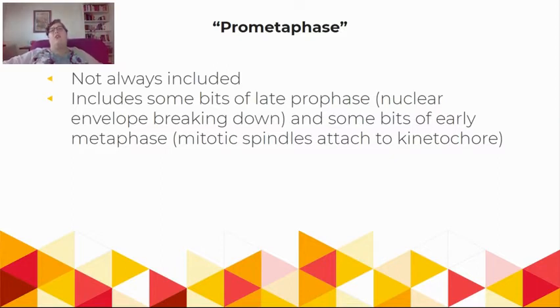And the 5th stage that they're talking about is called prometaphase, which takes some bits of prophase and some bits of the next step, which is going to be metaphase, and squashes them together to make a 5th step for some reason. Personally, I think that the 4 stages make much more sense. So that's the way we're going to operate going forward. But I wanted you to hear this one so that if you hear it in the future, you know what it means.